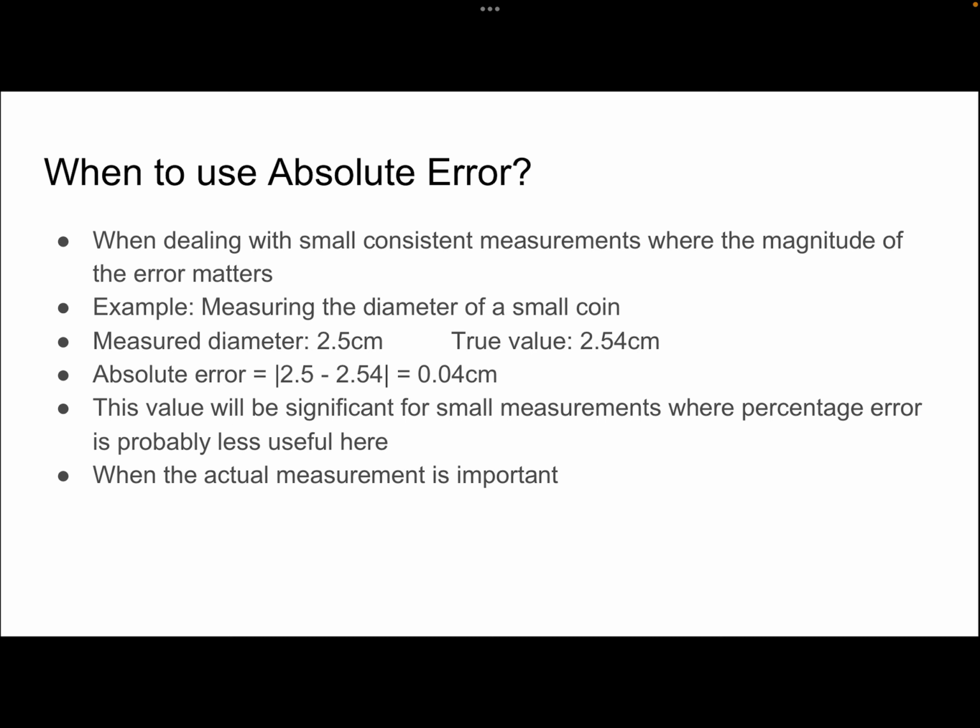And the next thing I do want to talk about is when the actual measurement is important. I think that's really where you need to start looking at why the absolute error is so important. And I'll try to illustrate this with a little example here, and hopefully this gives you a better idea of how this works.